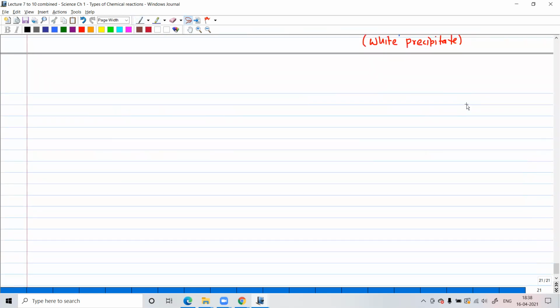Let's move on to more examples. Who will tell me what will be the product here? Barium sulfate.